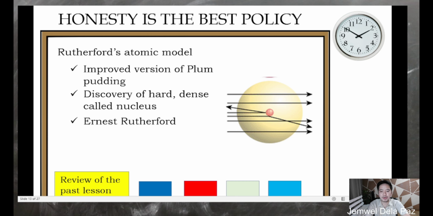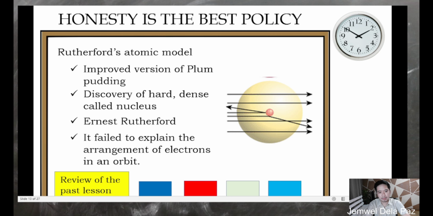It was proposed by no other than Ernest Rutherford. Like the plum pudding model, Rutherford's atomic model also has limitations, and one of these is it failed to explain the arrangement of electrons in an orbit.